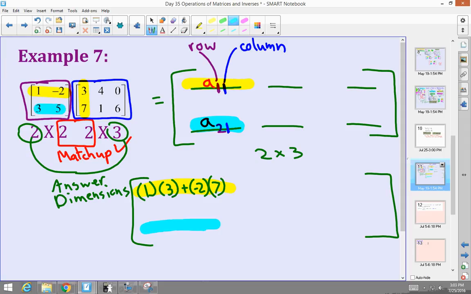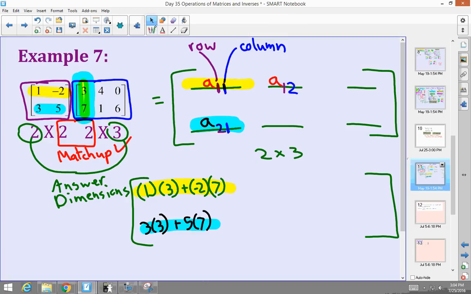So it's row 2, but then it comes here to still column 1. I know that turned green, so I apologize for it. So row 2, column 1. So I'm going to be looking at 3 by 3 plus 5 by 7. Okay? Organize it that way. When you set up the next guy, this element is A row 1, column 2.